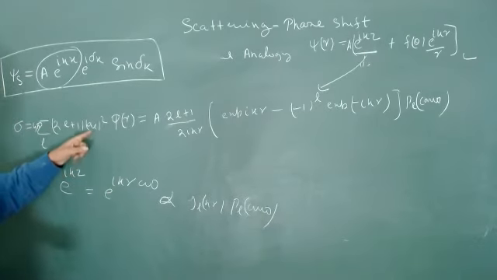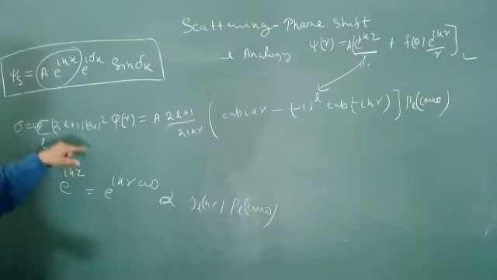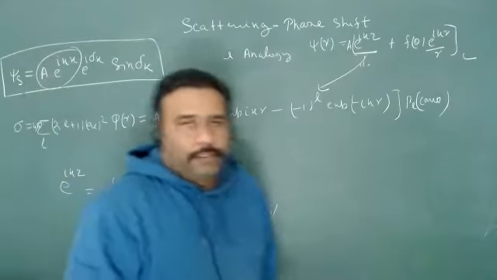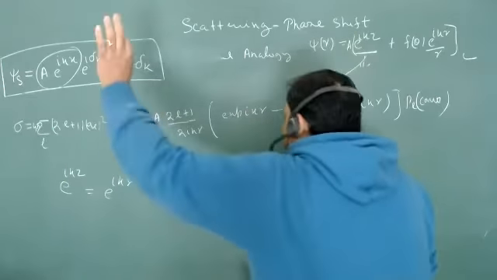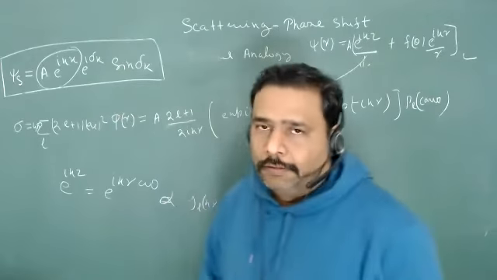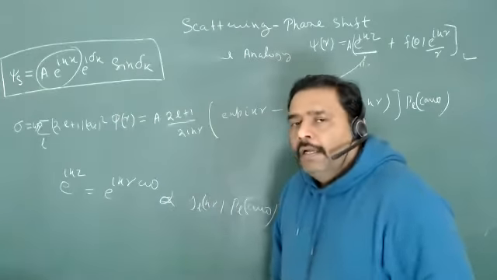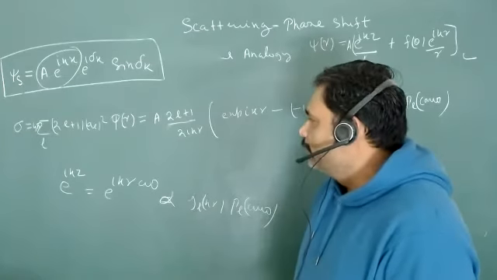And this is if I calculate all possible L, L equal to 0, L equal to 1, L equal to 2, then I can write this particular thing. So I am just writing it for one particular L. Similarly, we have n number of L here such that you can use it. It's such a beautiful formulation.